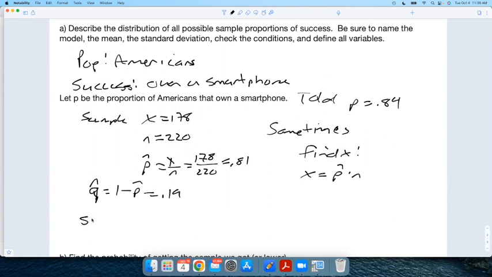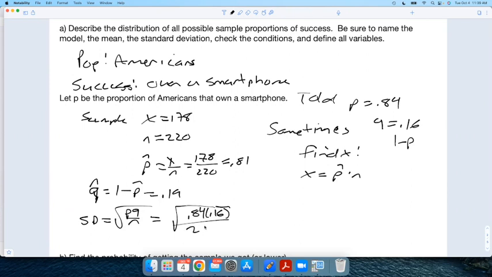Then my standard deviation, square root of PQ over N. Oh, I need regular old Q. The population failure rate, 16%. 1 minus P. Over, what was N, 220.